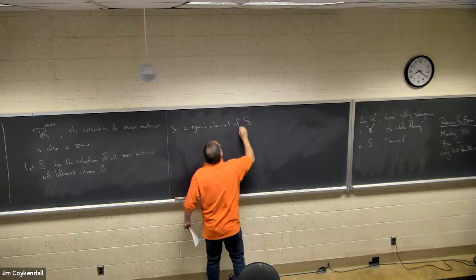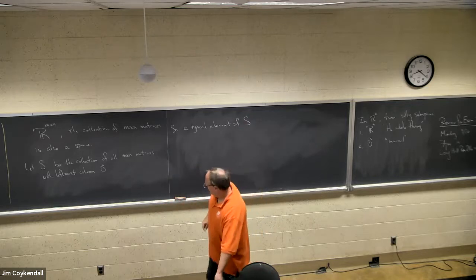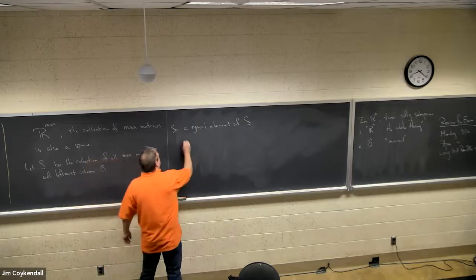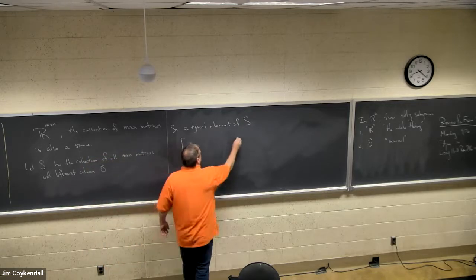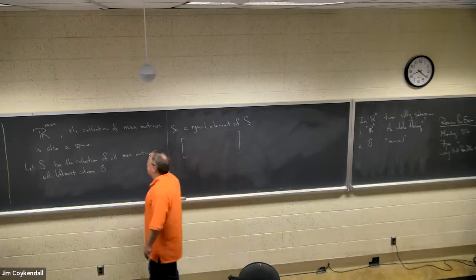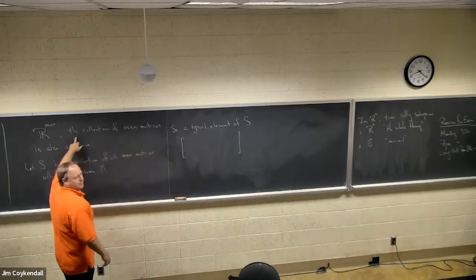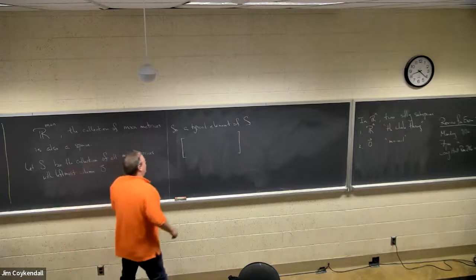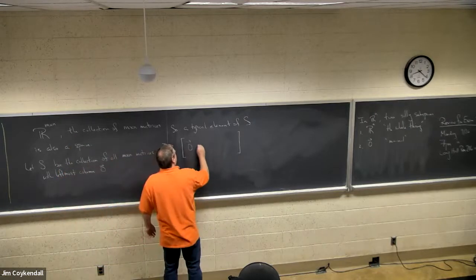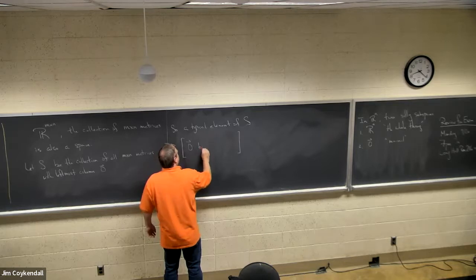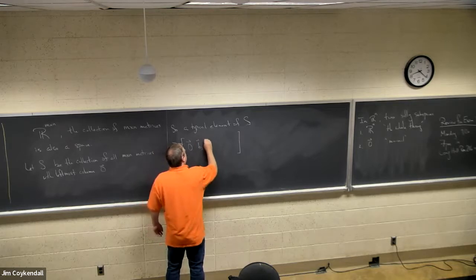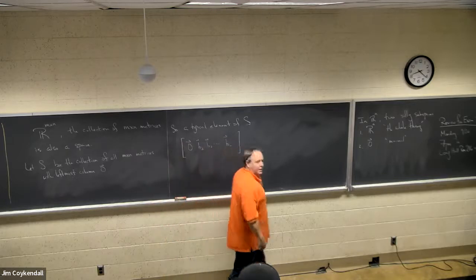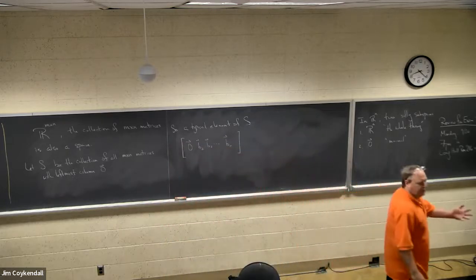what is a typical element of this collection? Well, I'm going to write this form. It must be an n by n matrix, so it's got n columns, right? And the first column, the left column, is 0. So if I write the matrix in column form, it just looks like that.